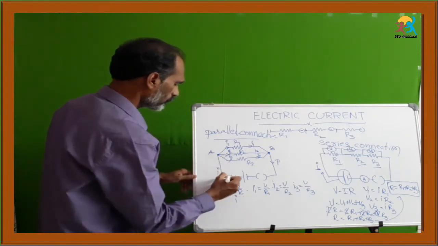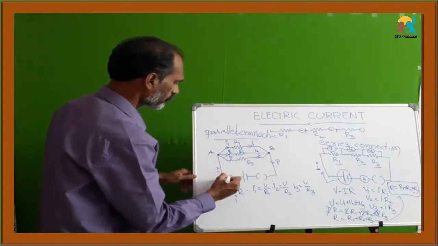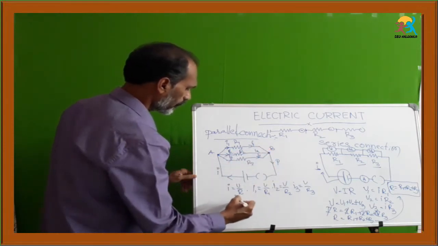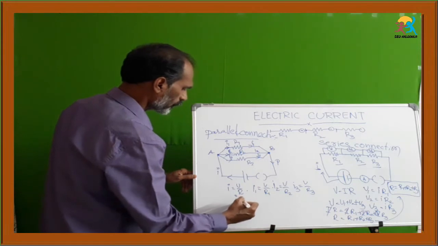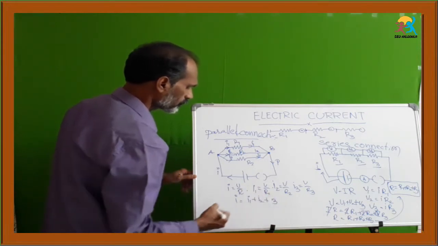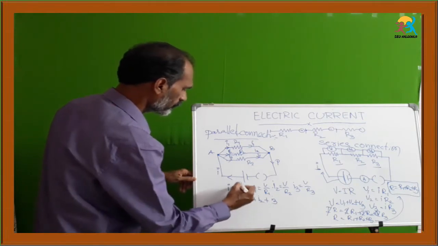The total current I travels from here and reaches the battery through point B. So I equals I1 plus I2 plus I3, and I will be V by R.